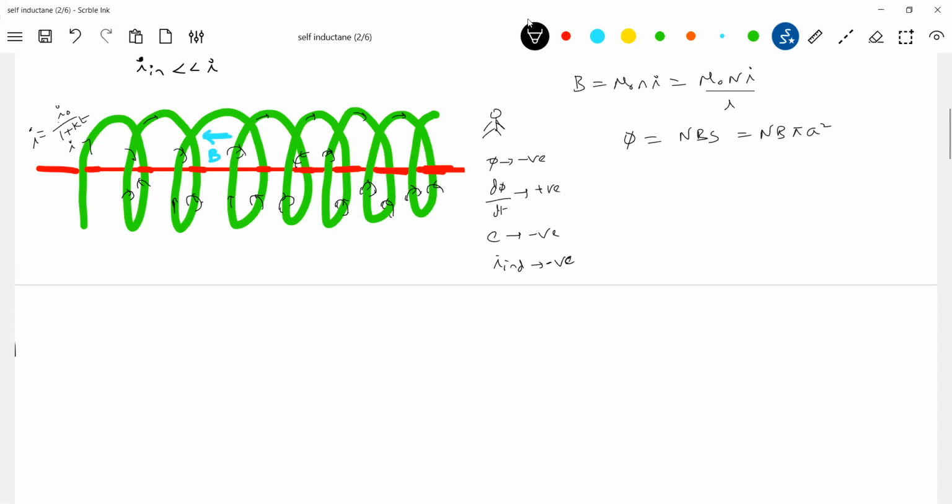This is how the actual current flows. You can show at all places, but at a few places it will be sufficient.